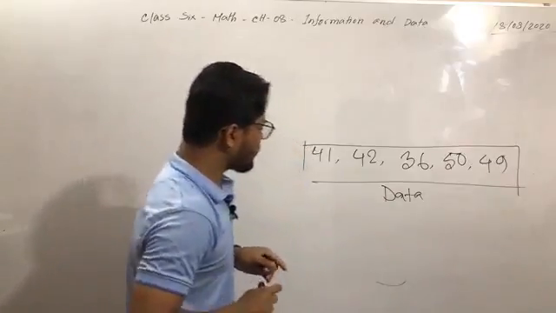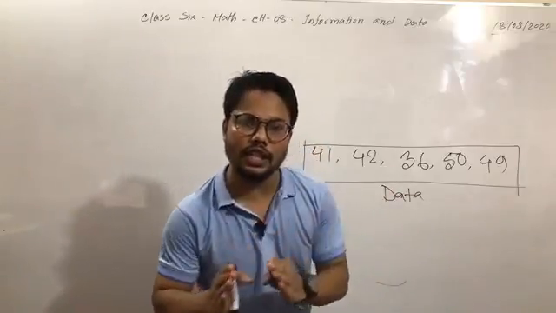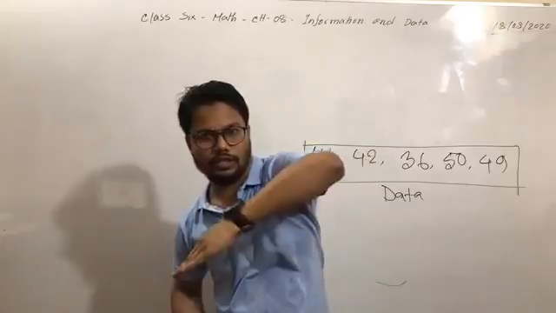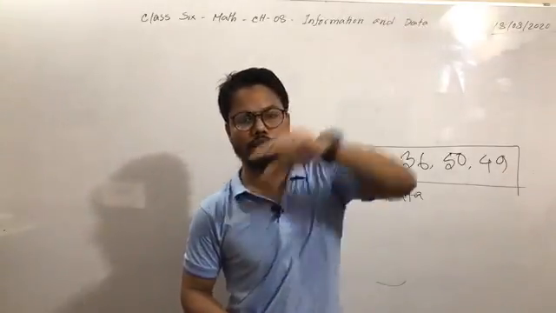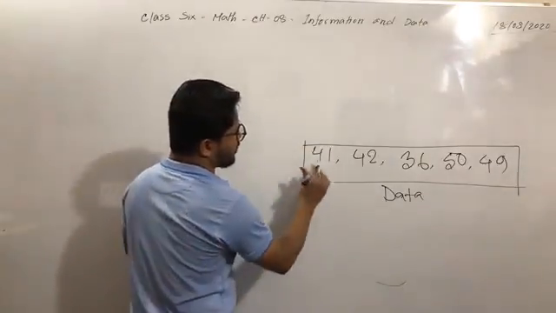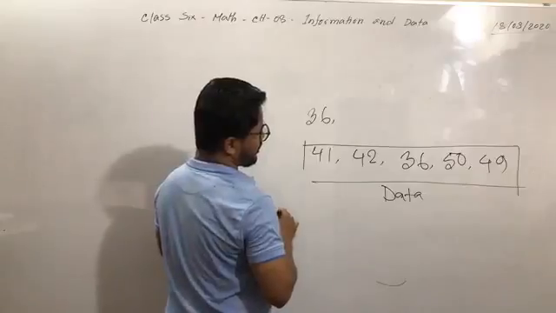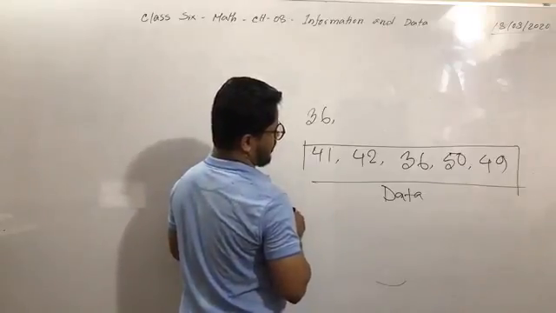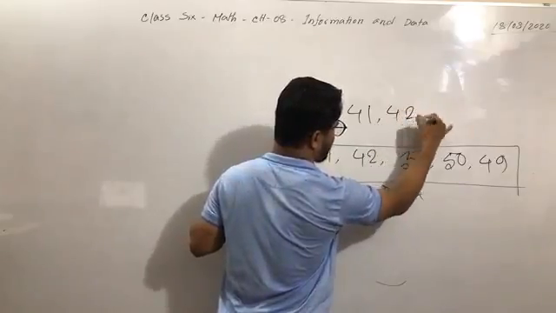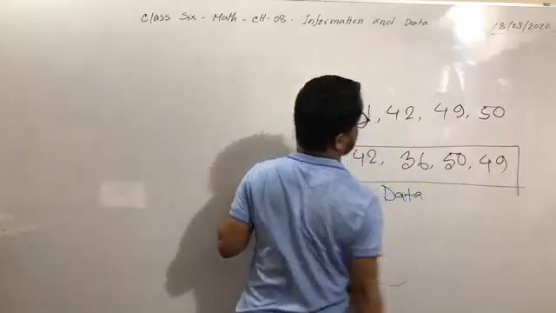Now you may arrange this data in ascending order or descending order. Descending order means down, from top to bottom. Ascending order means upward. So we will arrange this one in ascending order: 36, then 41, 42, 49, and 50.